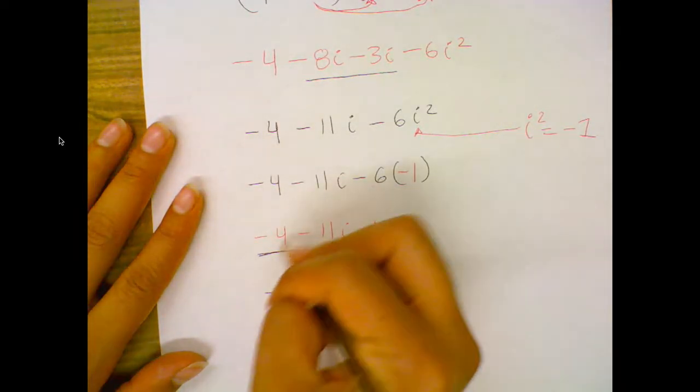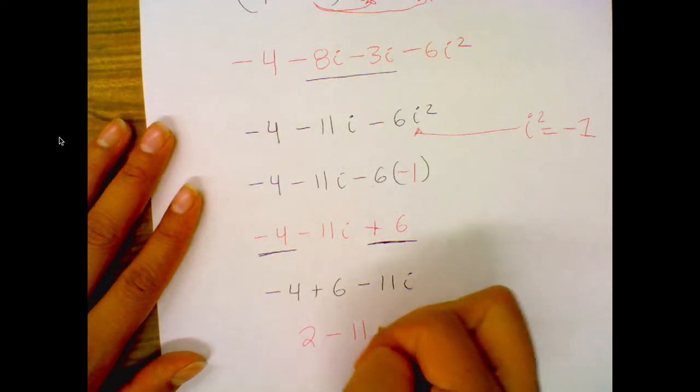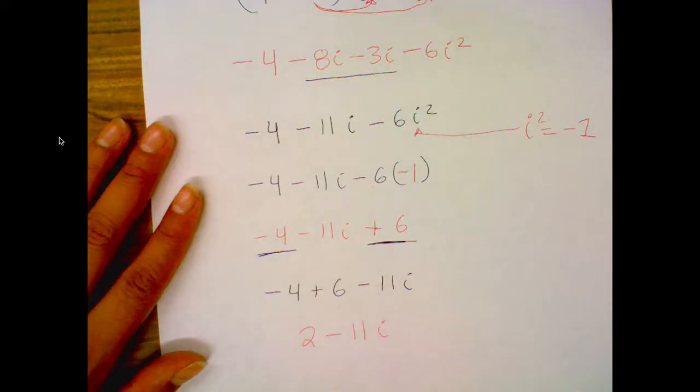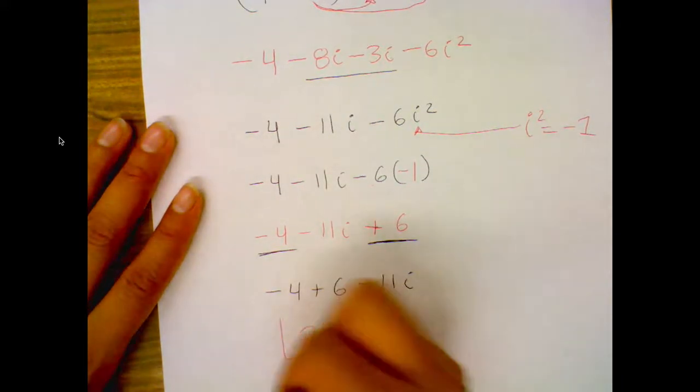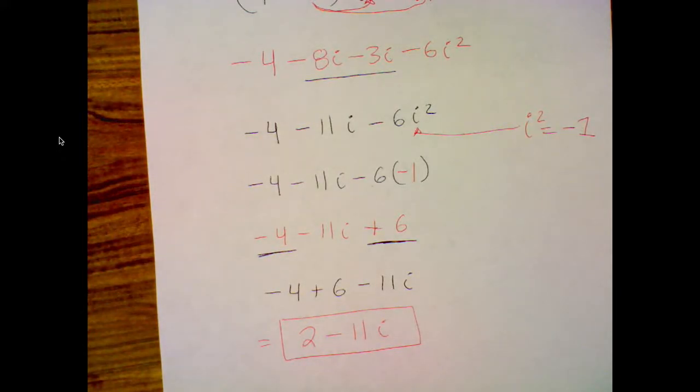If you want to skip that and just say negative 4 plus 6 is 2, you're more than welcome to. Either way, this is our final answer when we simplify it: 2 minus 11i.